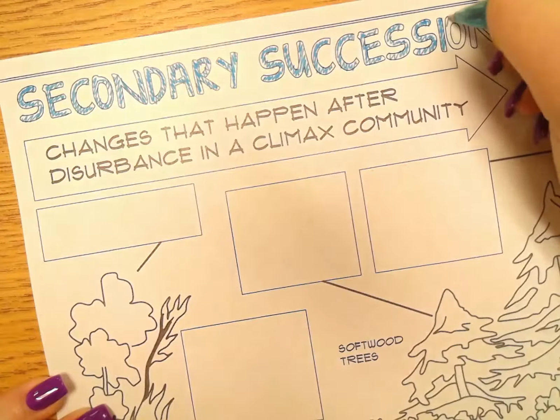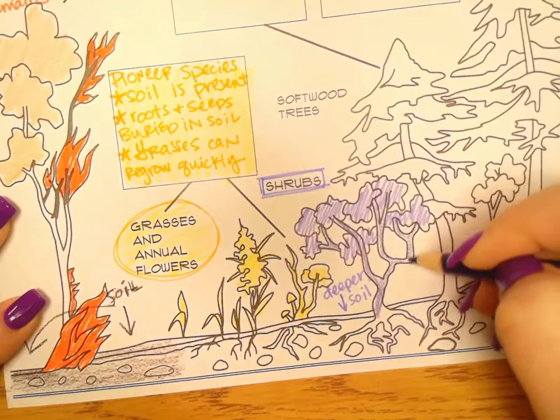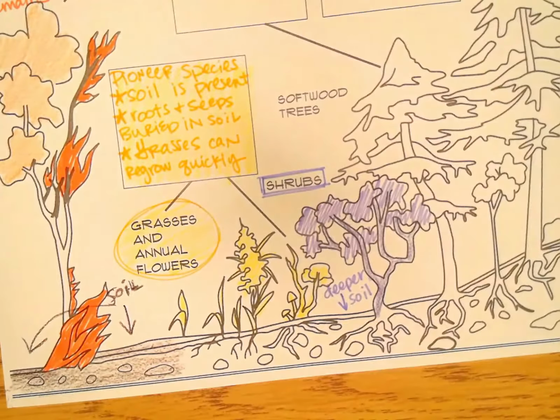So we're going to color in our shrubs purple just like we did yesterday. These can be little bushes, small trees, little shrubs that we see in the forest or somewhere like that. Okay.